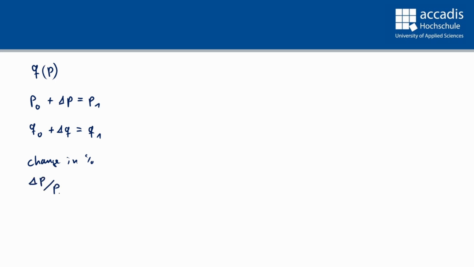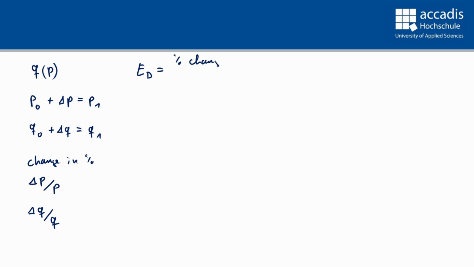So we take delta P and divide that by P, which will give us the percentage change of the price, and we take delta Q divided by Q, which will give us the relative change, the percentage change of the quantity. And our elasticity of demand is now simply these percentage changes divided by each other.